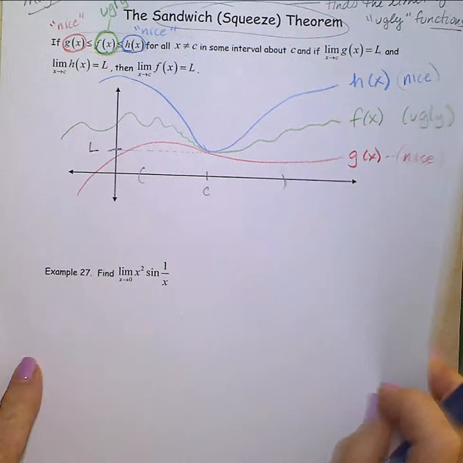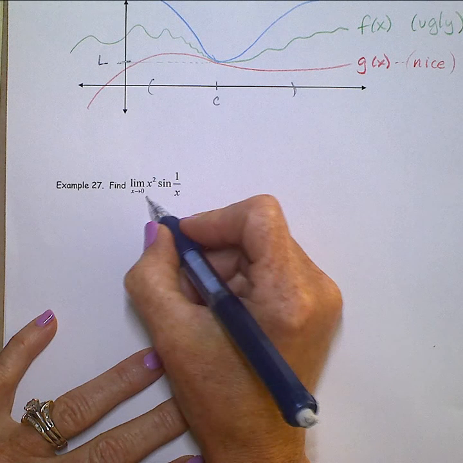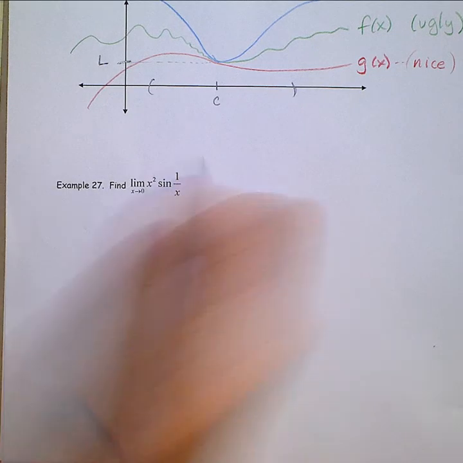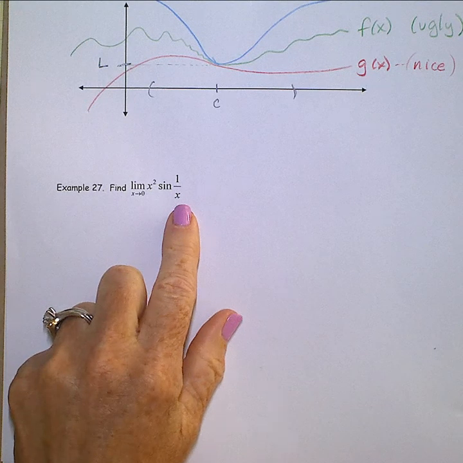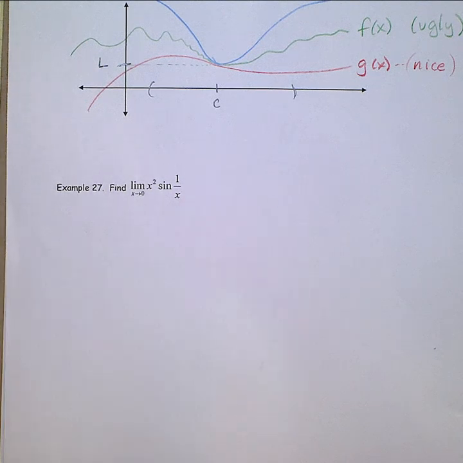I want you to find the limit as x approaches 0 of x squared times the sine of 1 over x. What happens when you try to substitute in 0? We get something that's undefined, so that's a problem.